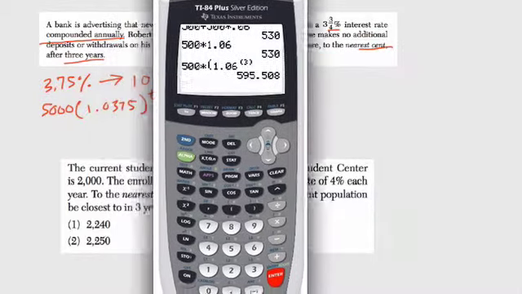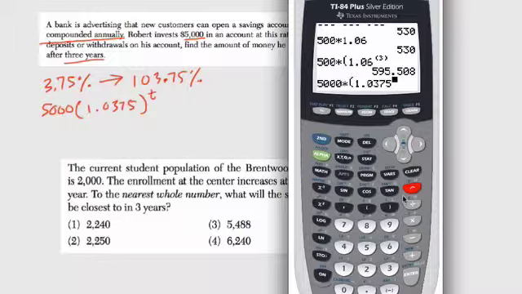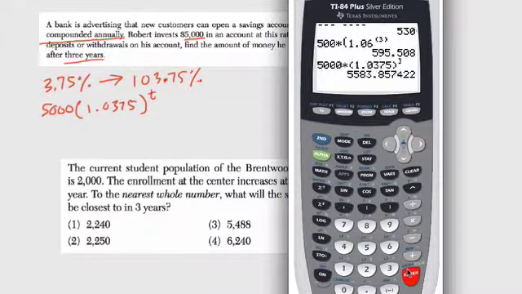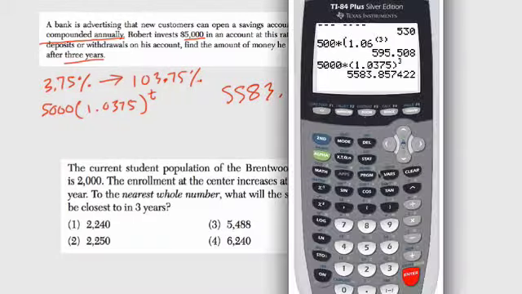So we do 5,000 times 1.0375, close parentheses, to the third power. That's 5,583.86, rounding the 5 up to a 6.